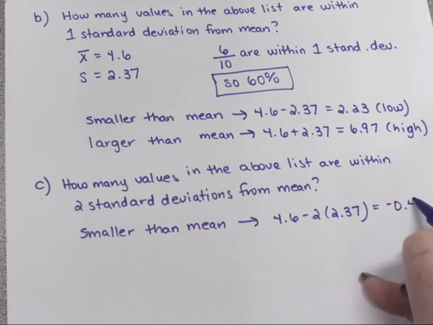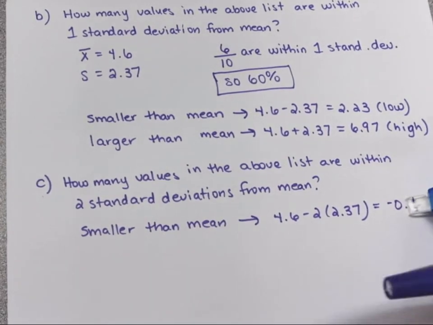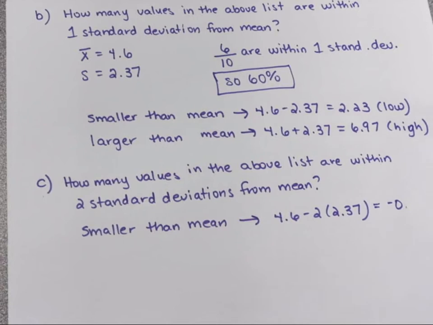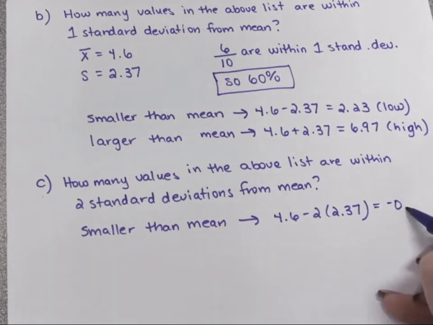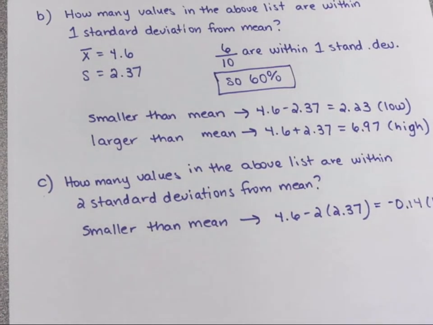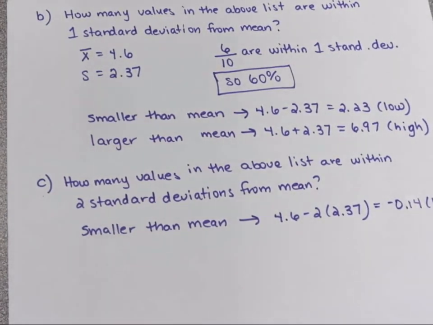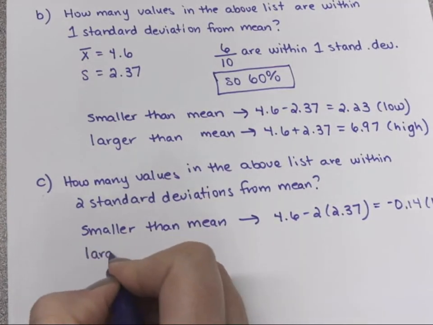So notice we get a negative value here. It's actually negative 0.14. So this is the low end. By the way, we don't even have anything negative, right? So all of the values are going to be within that threshold so far. So let's go larger.